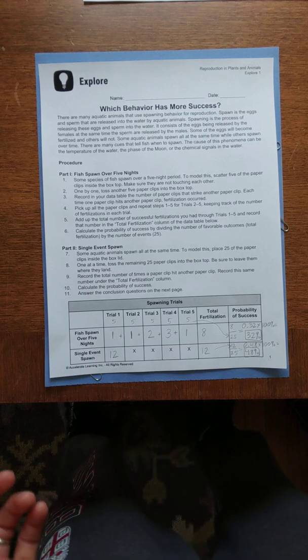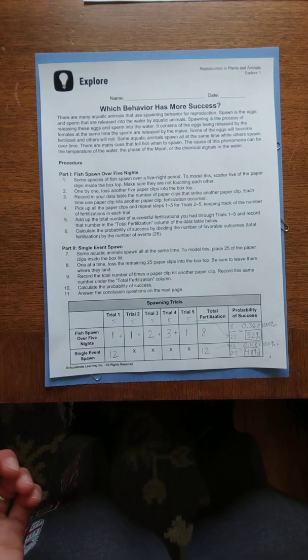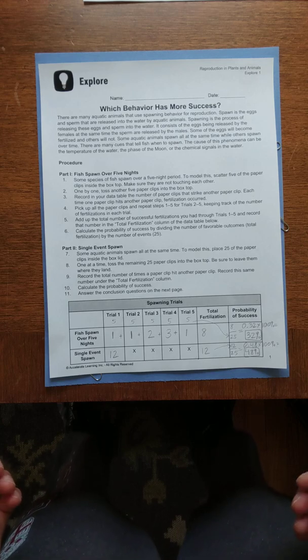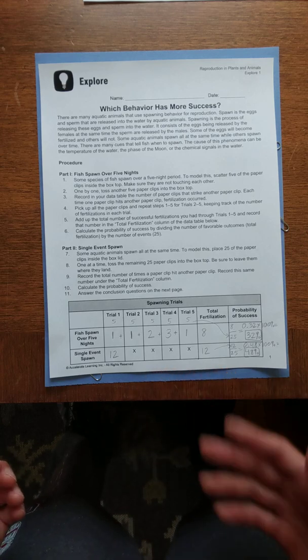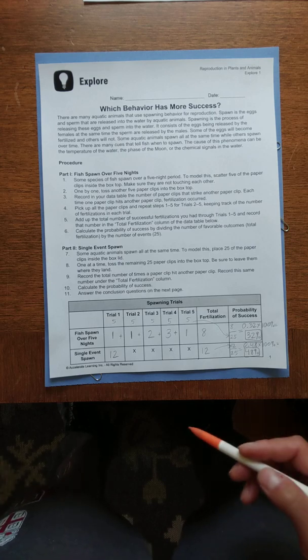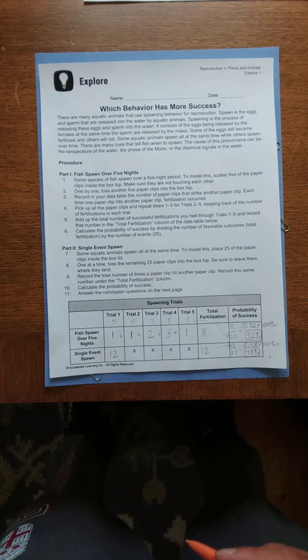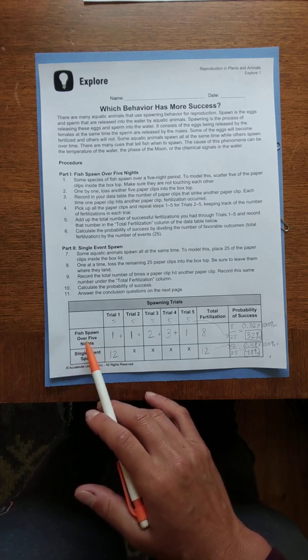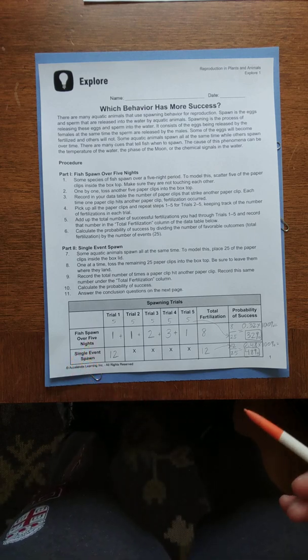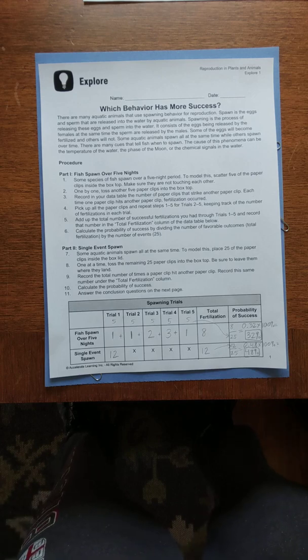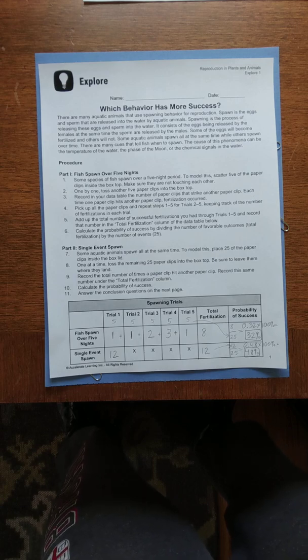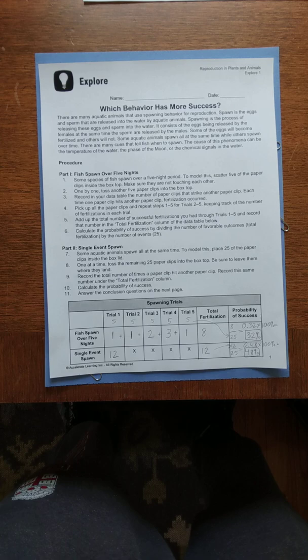Now, before going to the experiment analysis questions at the end, I want you to take a look at your data table and see, just from your own common sense, which of these two types of spawning you think is more successful? Because remember, the question we are investigating with this activity is, how does spawning behavior of fish affect their reproductive success?